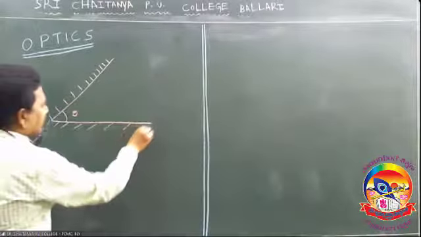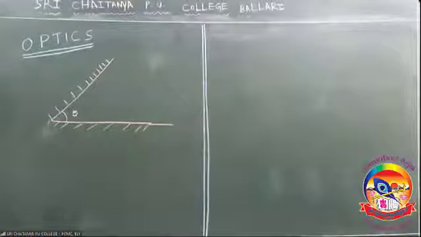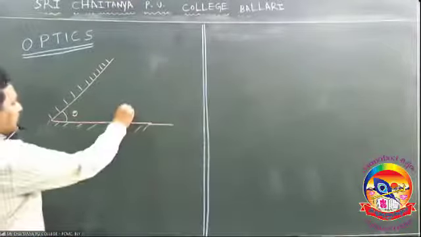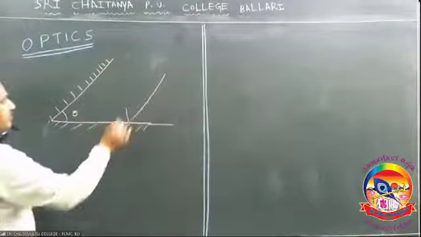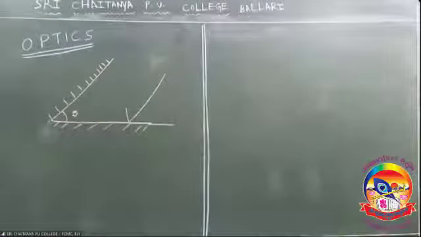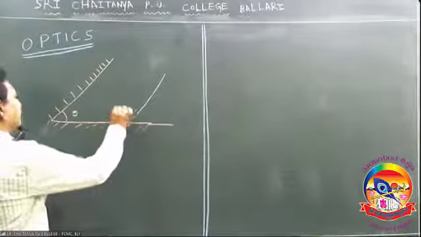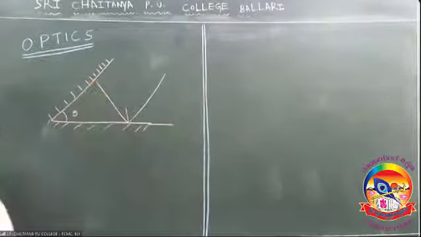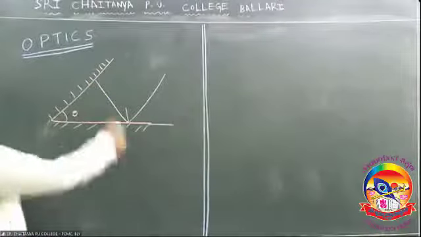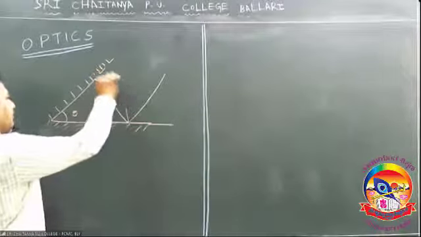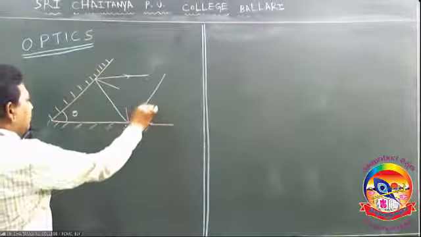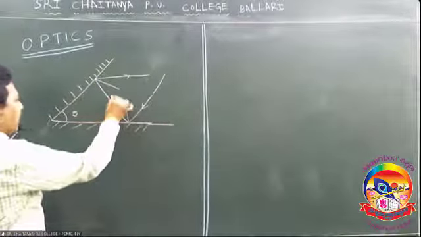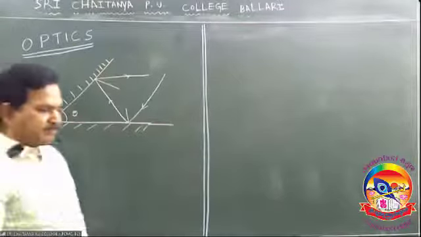The light ray falls as incidence on the first mirror and then is reflected back onto the second mirror. Once again reflected. I want the total deviation after two successive reflections.